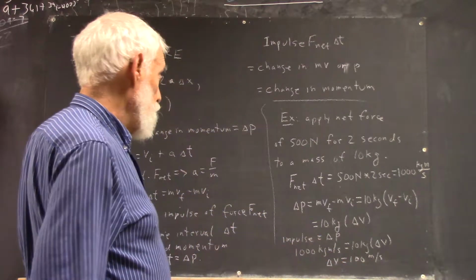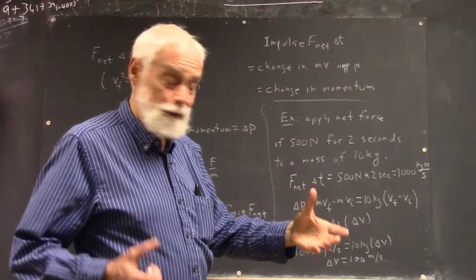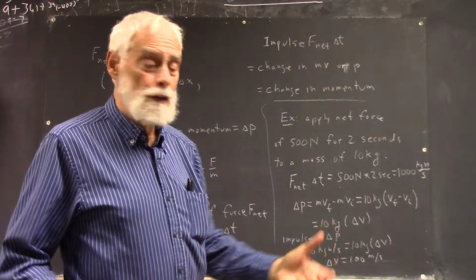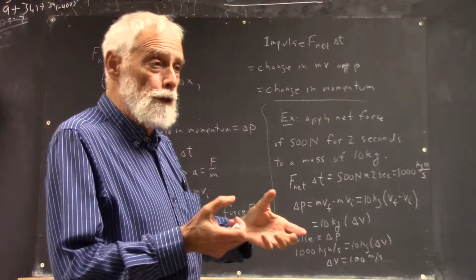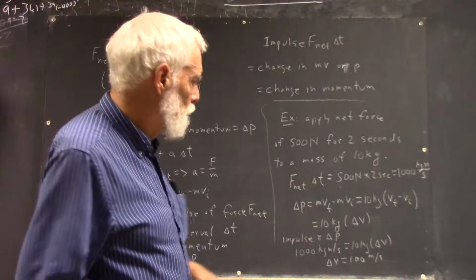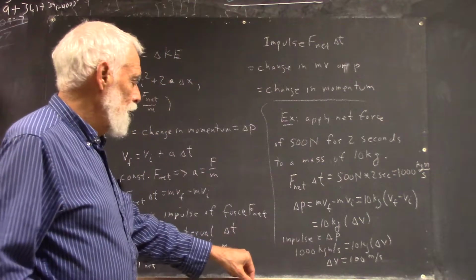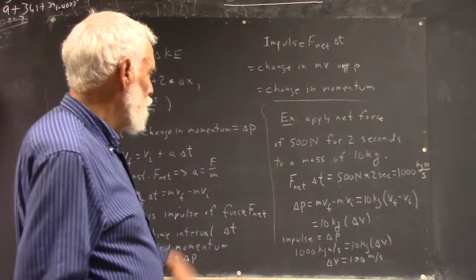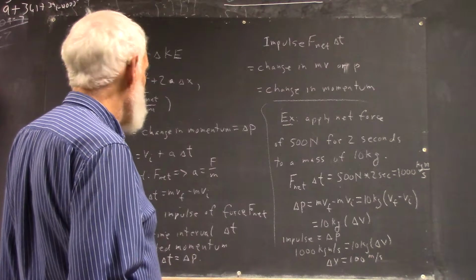So you could think maybe a rocket engine on a 10 kilogram mass. Of course, the problem with a rocket is you're burning fuel. As you burn fuel, the mass decreases. Well, that's a little more complicated situation. But you get the idea.